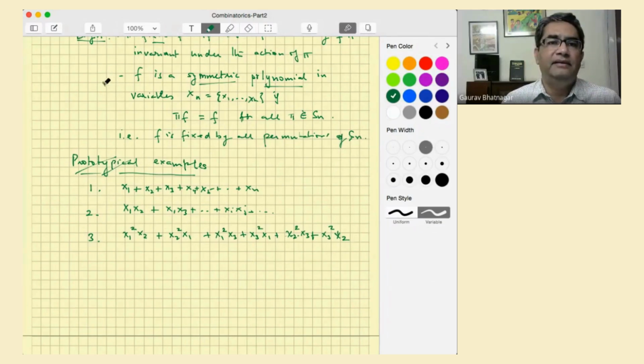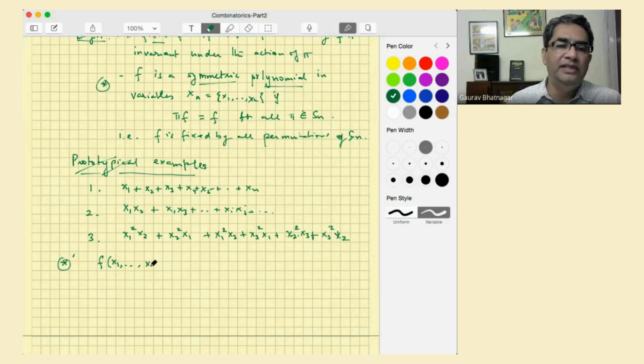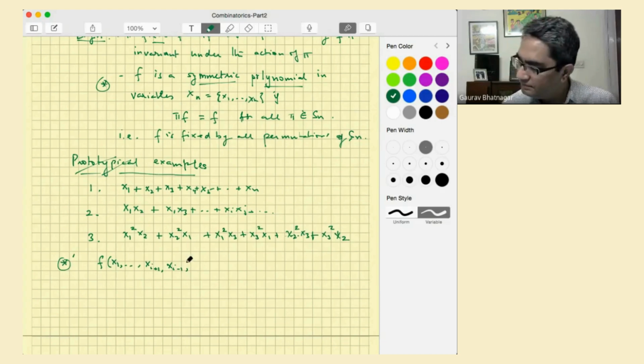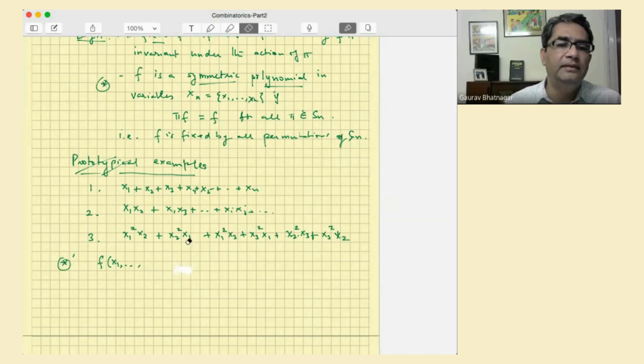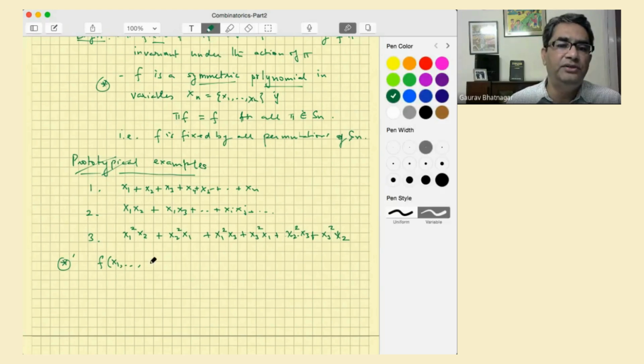There are other ways to look at it. One can say that f of x1 to xn, let me switch any two terms, xi and xi minus 1.